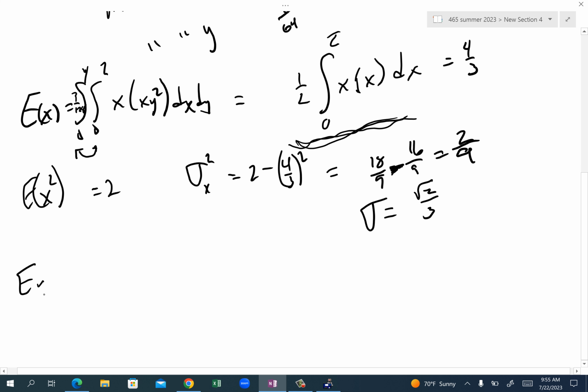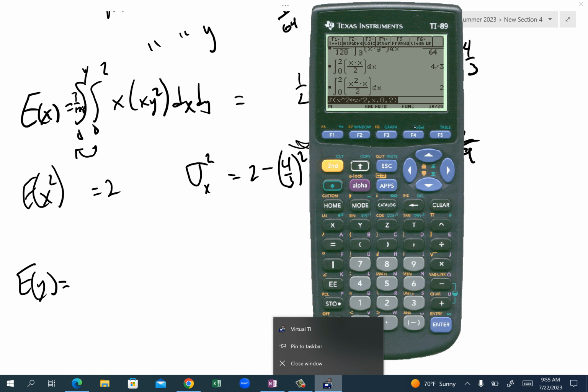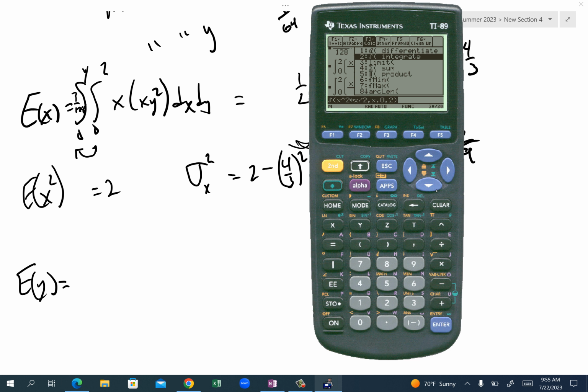Expected value of y, same principle. It's just obviously integrate with respect to y. Or you could just use, again, the marginal of y, which is what I'm going to do. So I'll go up here, integrate the marginal of y, which is that one. Oops, but wait a minute. Come back here. Put y times that first.